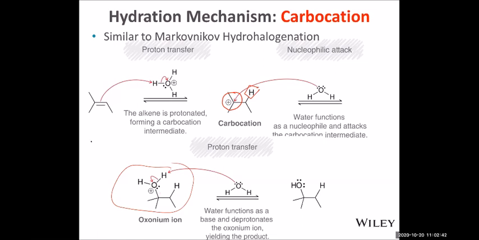Very similar. It's protonated. And since it's protonated, to finally become the free alcohol, you need to lose the proton. And again, in this reaction, water is a weak base. It can take away the proton from the alcohol and give you the final free alcohol.